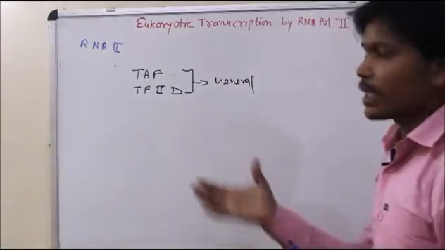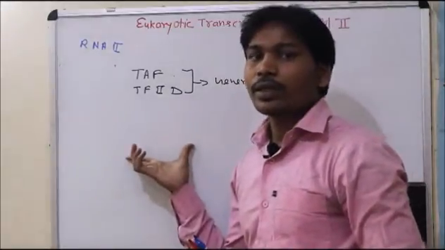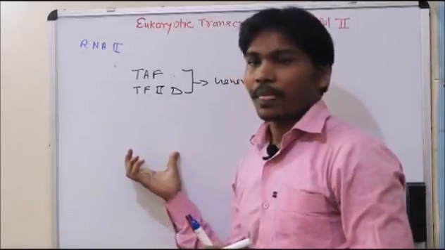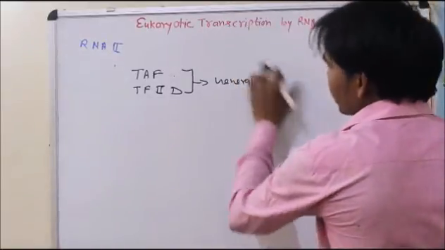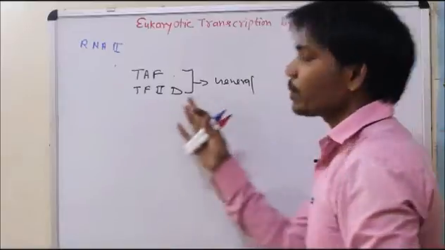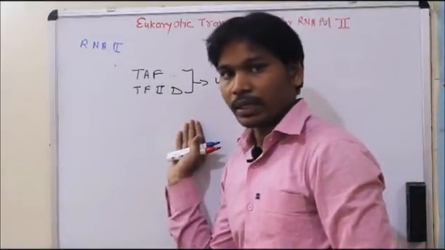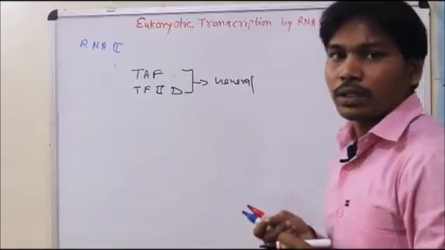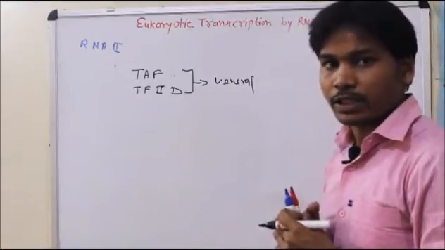Another class is the regulatory transcription factors, which bind to the enhancers. The general transcription factors are the most important for transcribing mRNA. Today you will see how termination of transcription occurs.